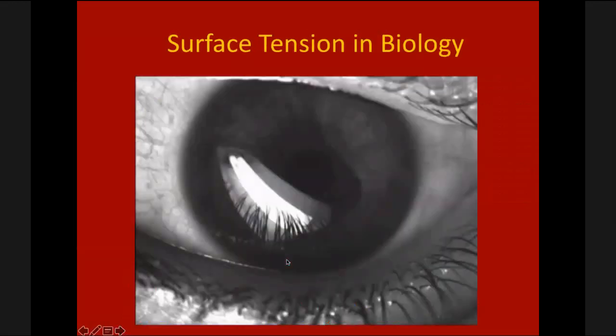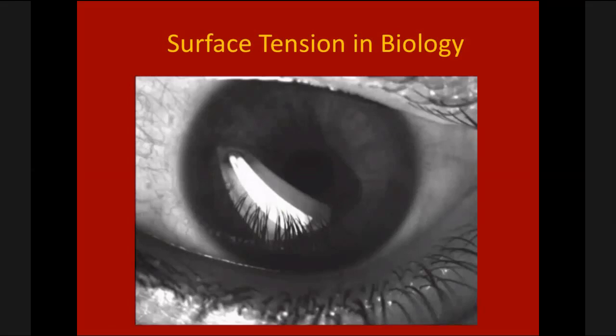So surface tension can be used by critters to live on the surface of any aqueous environment. And indeed, if you look at a lake, a creek, or the ocean, there's a whole microscopic, very, very small ecosystem that lives just on the surface of water, taking advantage of surface tension. We also take advantage of surface tension in our body.